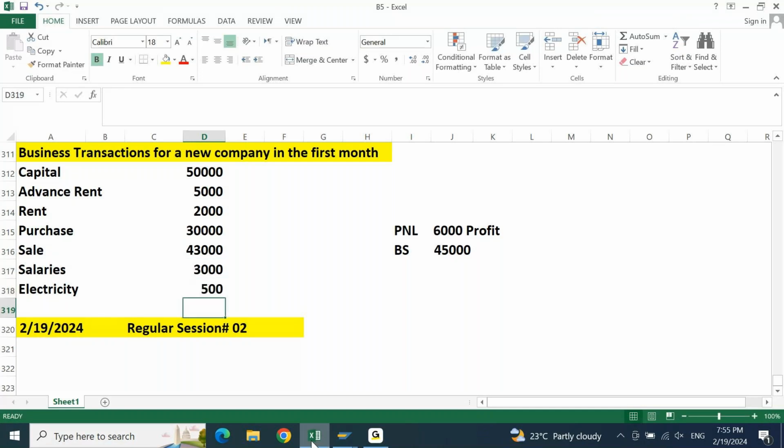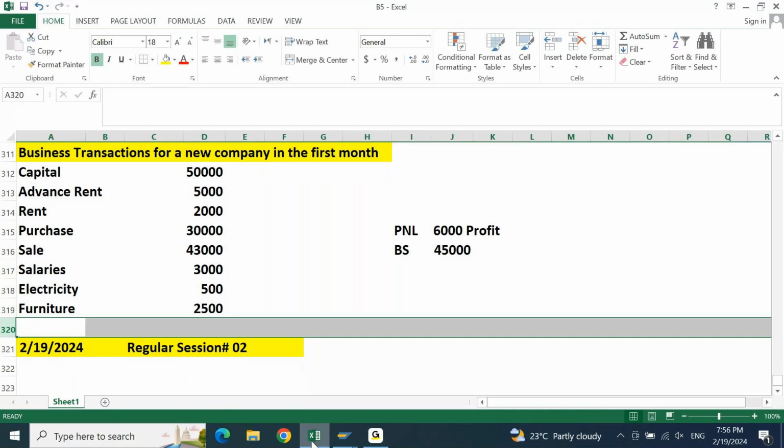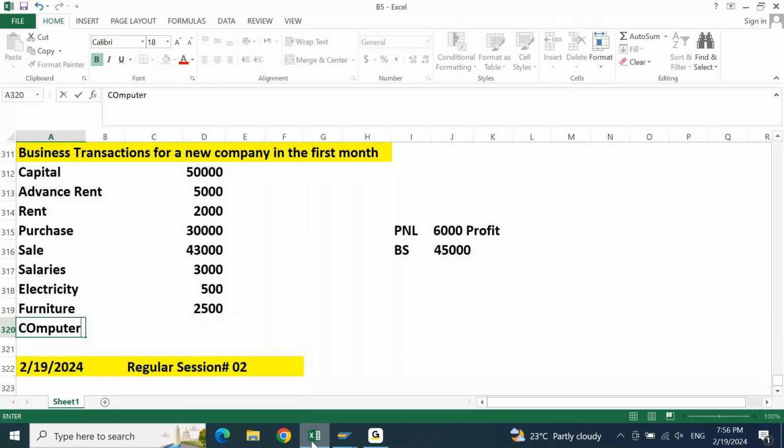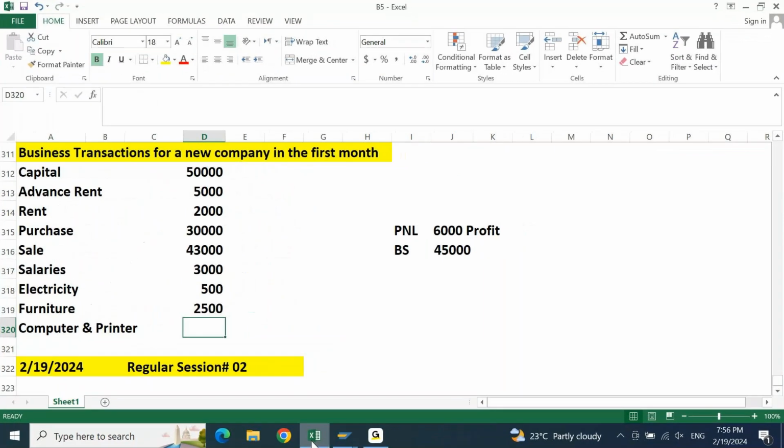Assuming that this is the transaction that you did, and if you want, you can add additional things, like you had some furniture purchased, let's say for 2,500, and you purchased some computer, maybe I would say computer and printer together I'll put somewhere around 5,000.